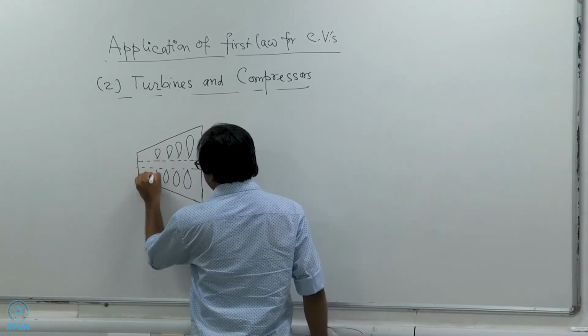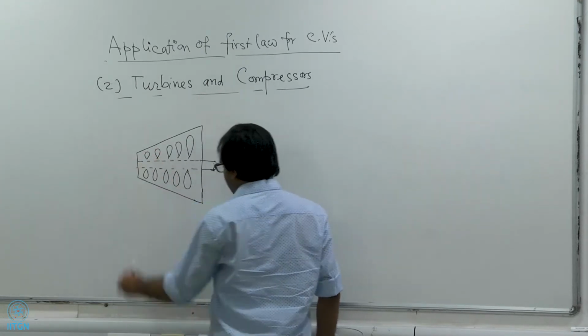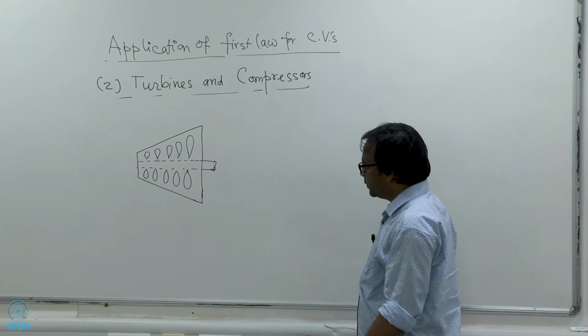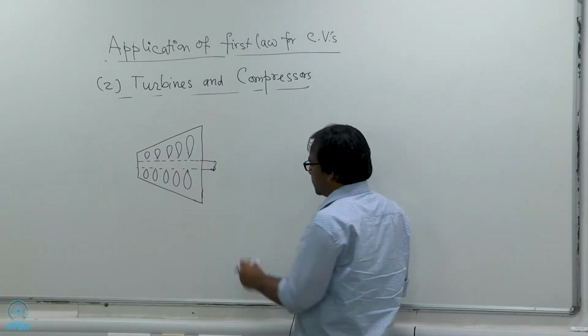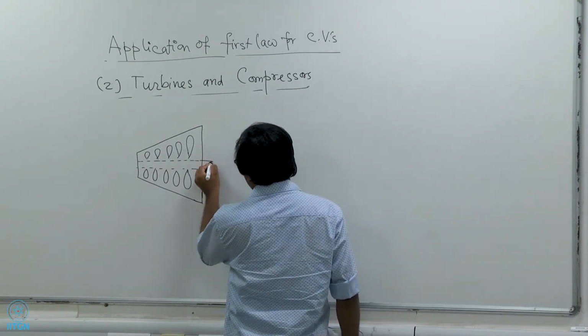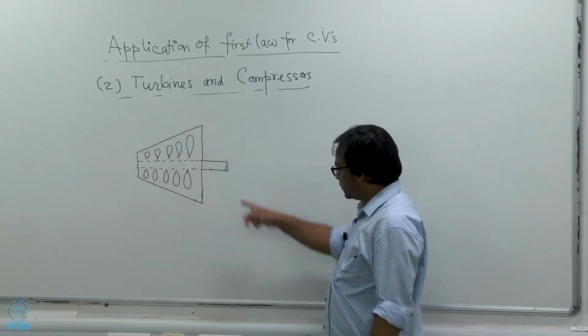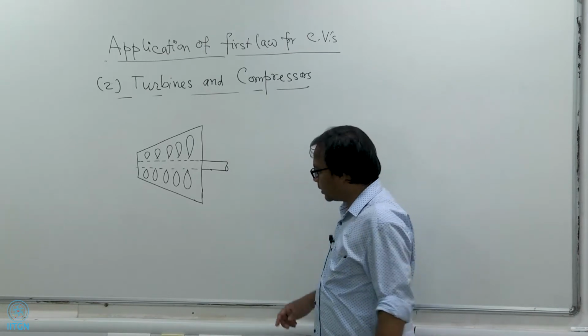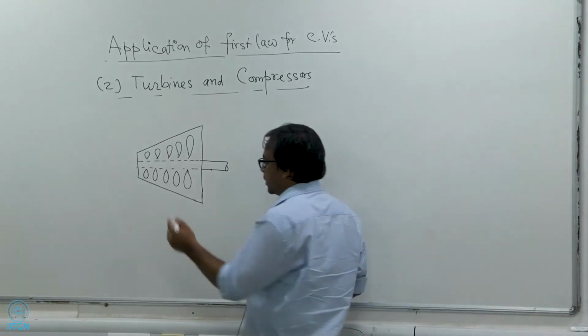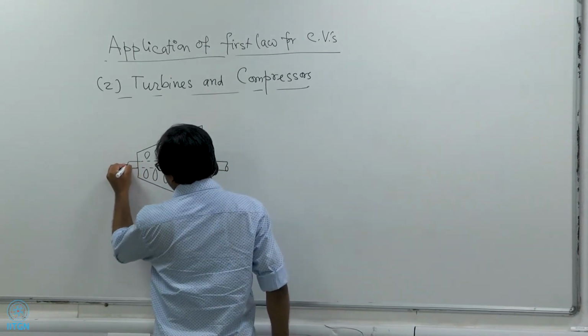They don't look exactly like that, but schematically there are these kinds of blades inside the turbine. This is typically connected to a generator, but we will not consider that part.